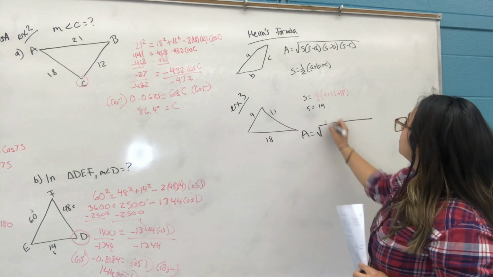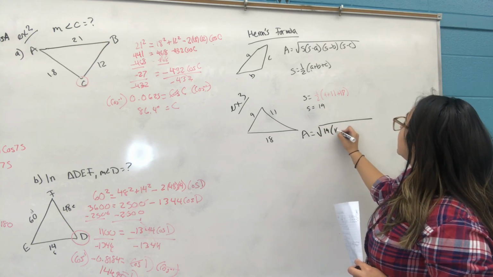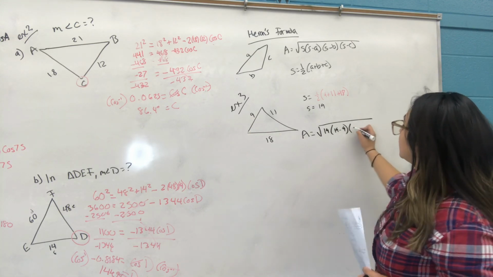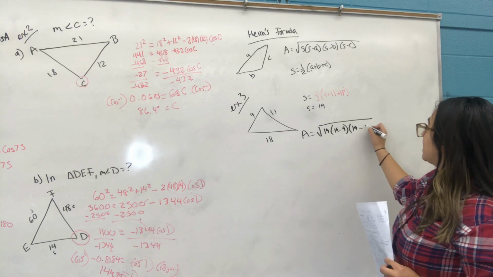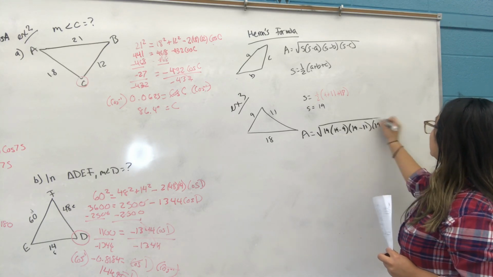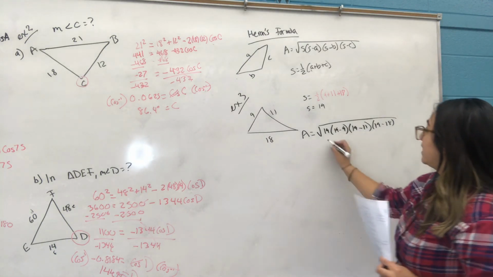Area is equal to s, that's 19, times 19 minus the first side, I'm just going to focus on this here, times 19 again, the s minus the second side, times s minus the third side. I end up with that. Now, we go ahead and simplify it.